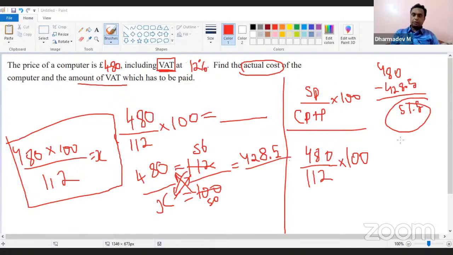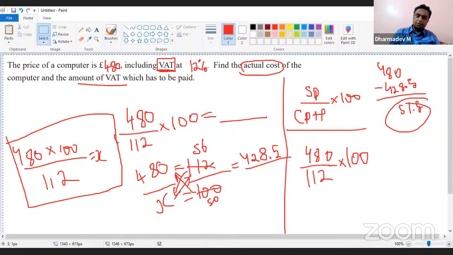Shall I give you the next one? Yes, sir. The selling price is 480. You're correct, the selling price is 480. It is not the cost price. I'm just clearing it up. Next one, I'm giving you the same thing: selling price with a discount. Just give a try for that.